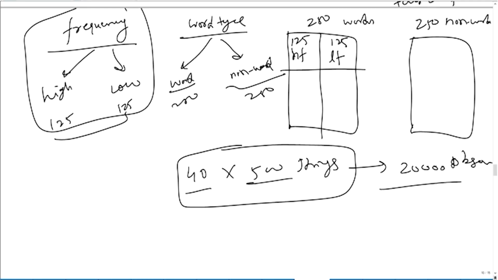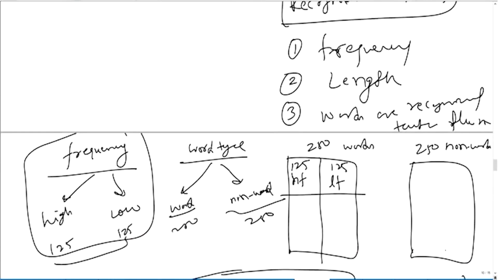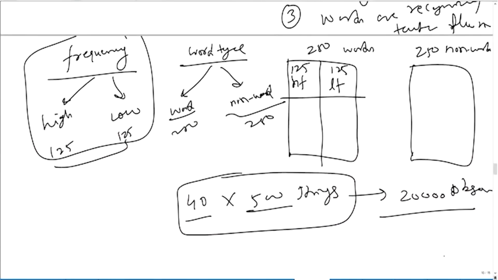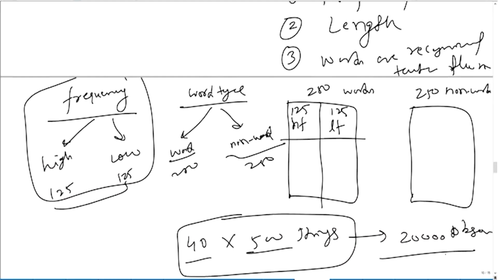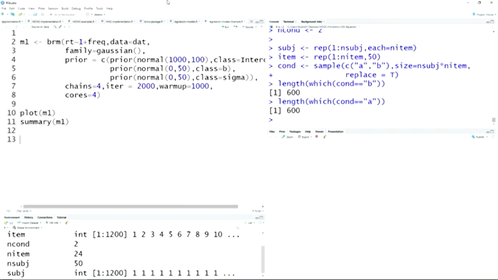So this is the actual experimental data, that's how it may look. What we are going to do is simulate fake data for exactly this experiment, and then test these hypotheses using regression modeling. So let us first generate fake data for this particular experiment.